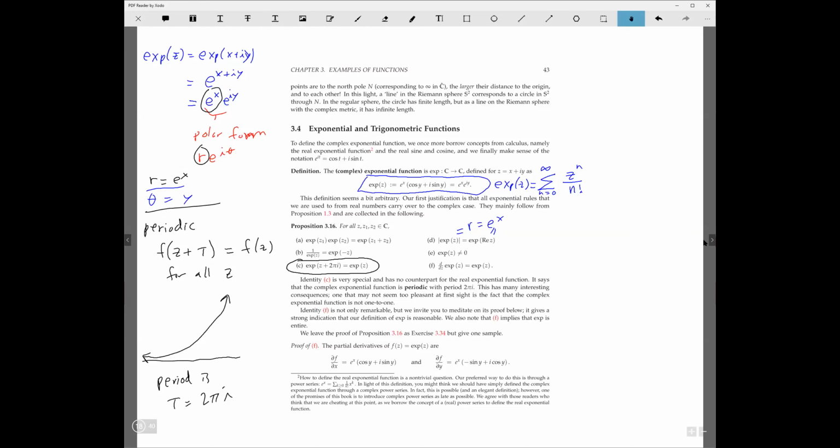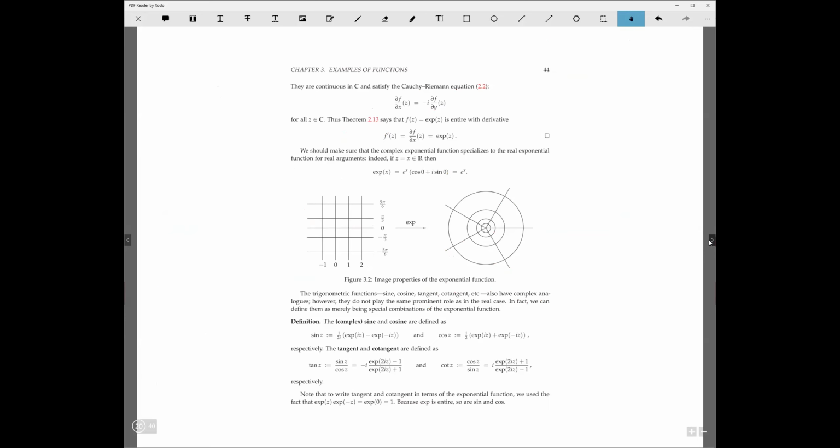Let's take a look at the next page. This is an interesting way to look at the exponential function.